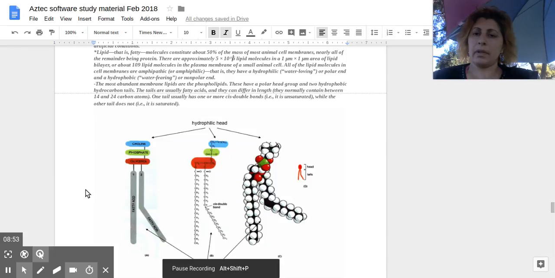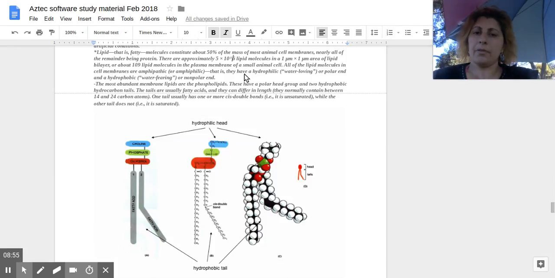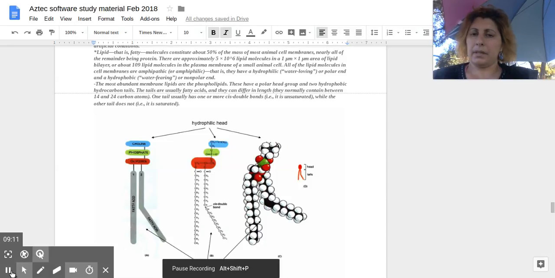Nearly 5 times 10 to the 6th power lipid molecules are in a 1 micrometer by 1 micrometer area of lipid bilayer. So that's about 5 million lipid molecules. They're very tiny.